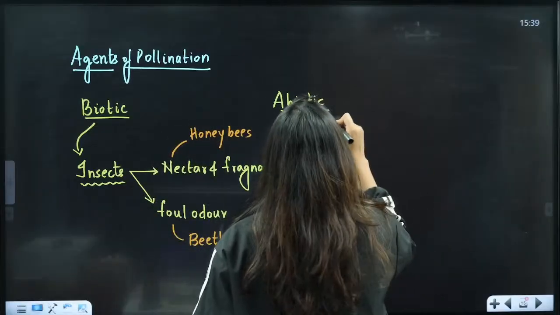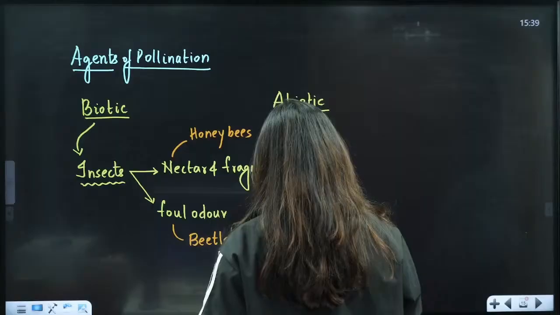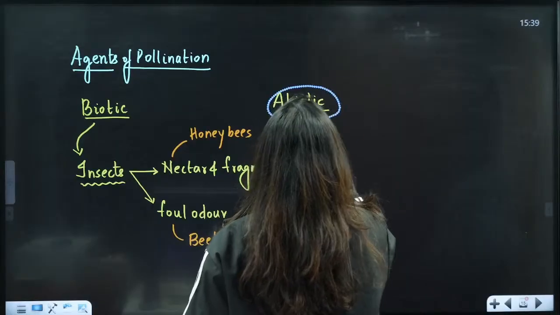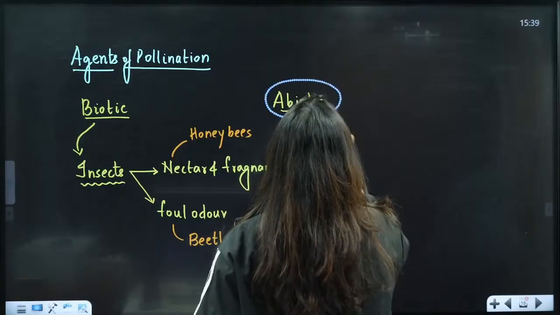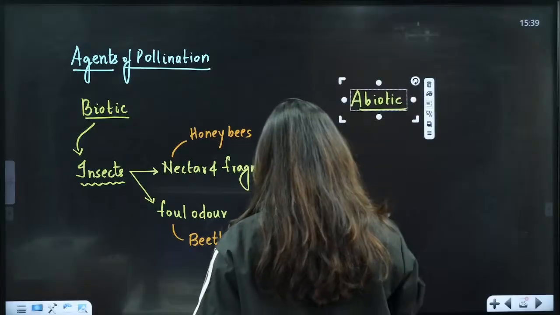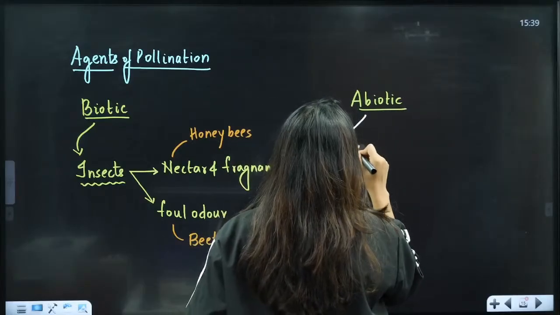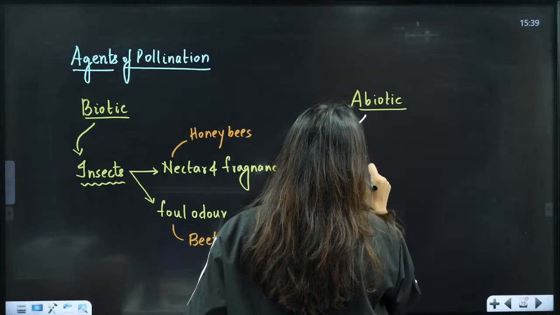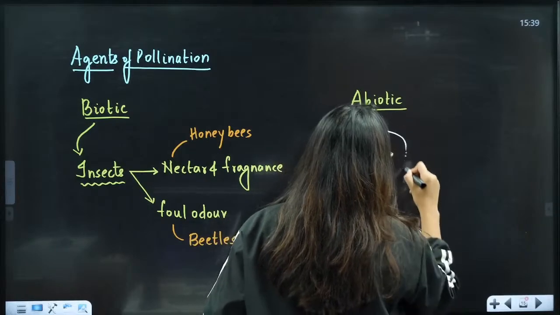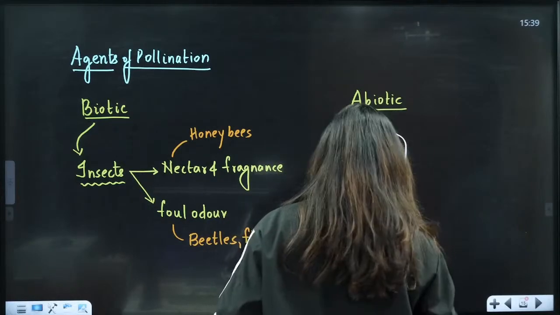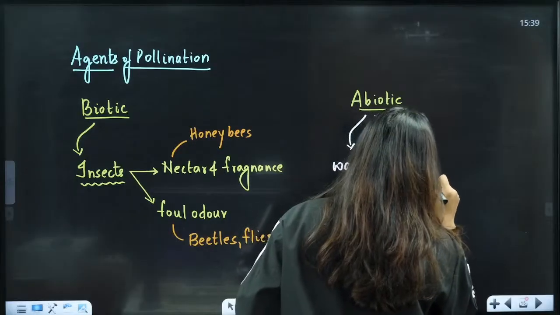In non-living you have 2 of them. What are they? Water, hydrophily, and anemophily, wind. Okay, wind pollinated.